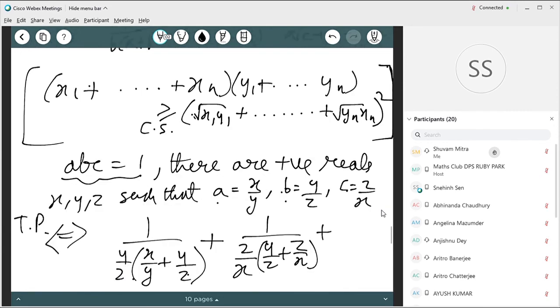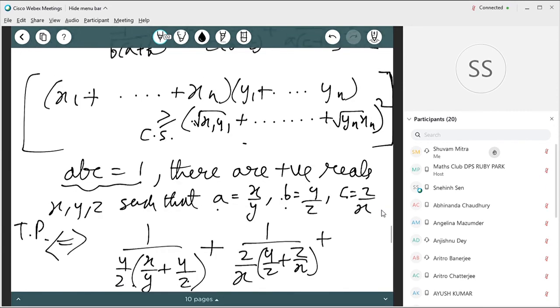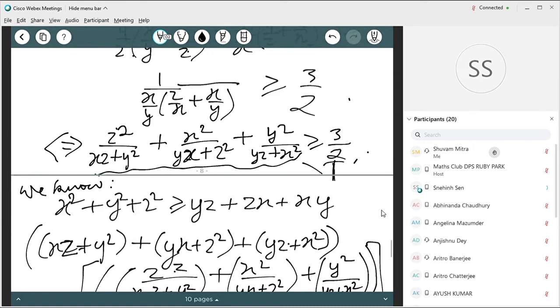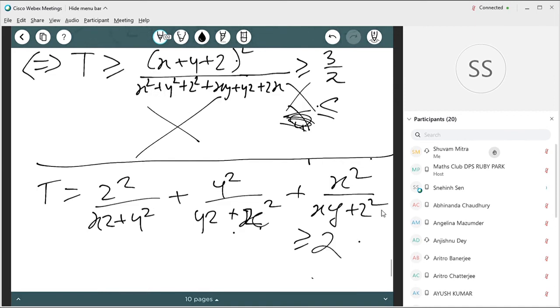So how? Over here, x1 is 3a plus b, x2 is 3b plus c, x3 is 3c plus a, as given over here, and y1, y2, y3 is a, b, c, and then it's this inequality, just written in the opposite direction.